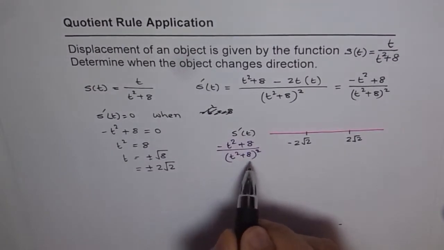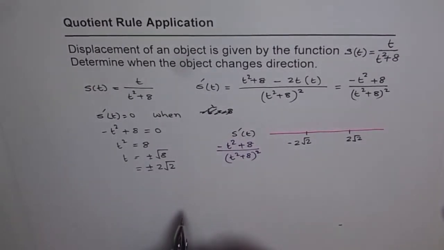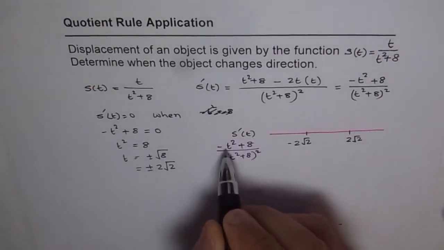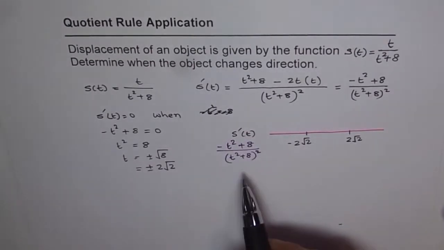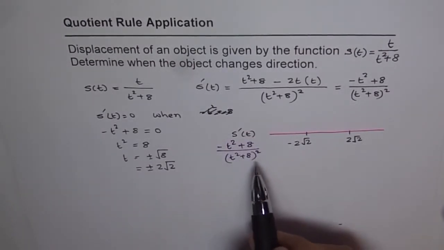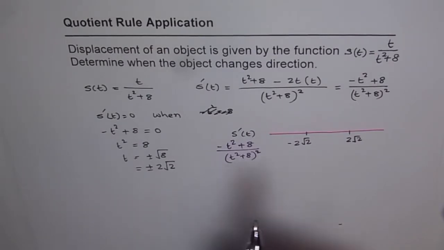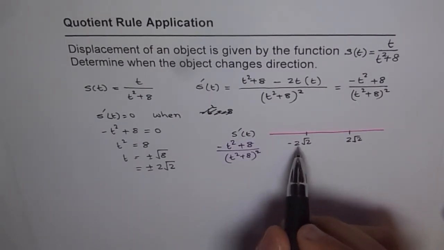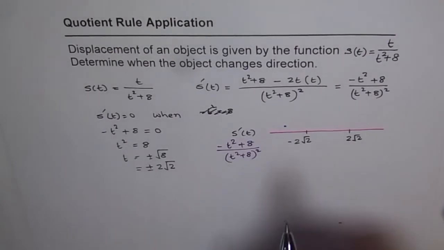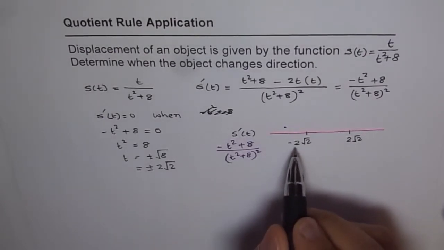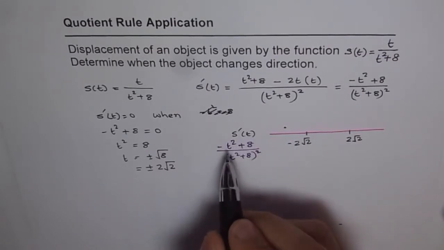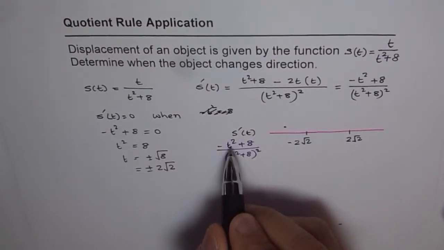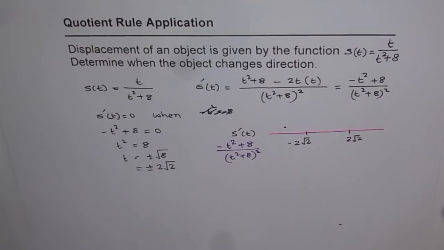As you can see, the denominator will always be positive, correct? Now the numerator can be negative or positive. The denominator is a square thing, right? So it is going to be positive always. So if I take a number which is on this side, that means less than 2 square root 2, then this value is going to be higher, right? Let's plug in a value.